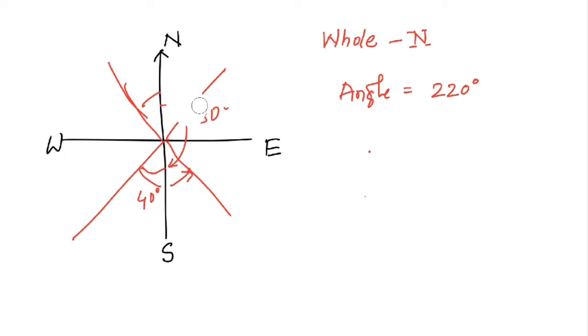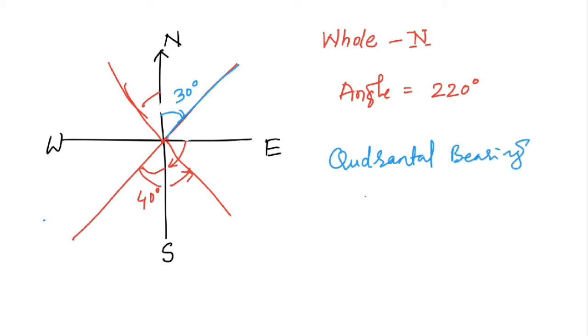For example, the line is here and the angle between these two is 30 degree. In that case, in whole circle bearing it is 30 degree itself, whereas in quadrantal bearing system what we'll do, we'll be writing north 30 degree east.